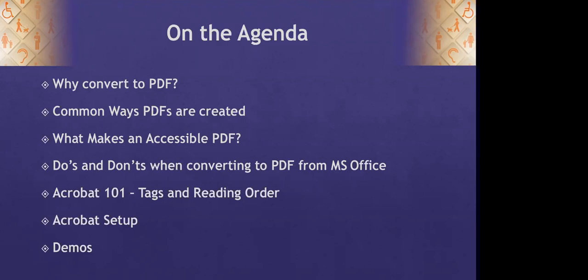And then we'll just actually go into a PDF document, and we're going to be talking about reading order and the tag tree, which we'll be getting into. And we aren't going to be diving too much into details of remediating a PDF document. That will be more in series 2. I'll do a couple of things in this as an introductory, but then you'll get more into that in session 2.